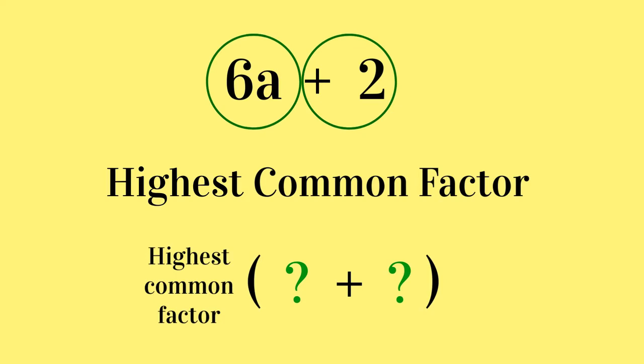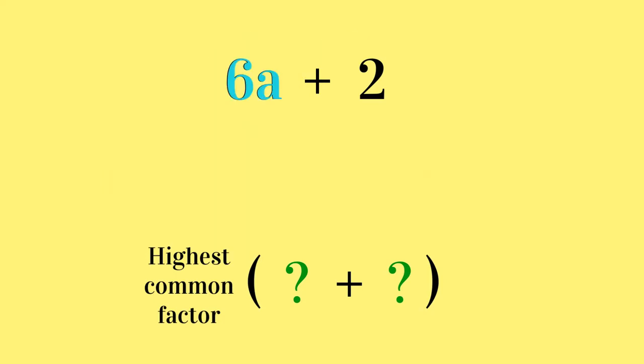To find the factors of 6a, we can ignore the a for now and list all the factors of 6. We know that 6 multiplied by 1 is 6, and 2 multiplied by 3 is 6. So 6, 1, 2 and 3 are all factors.